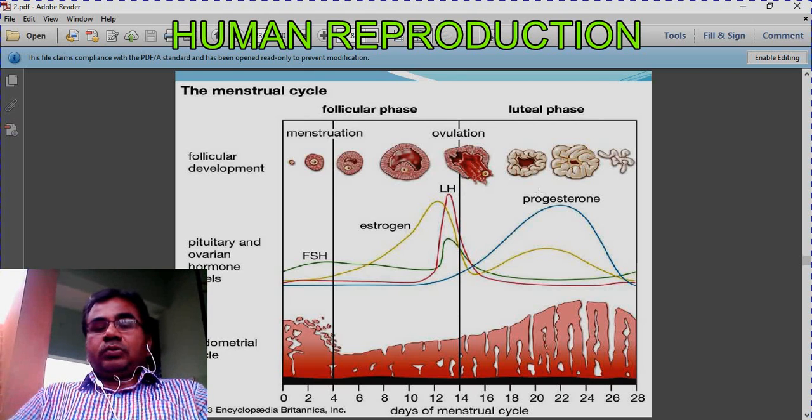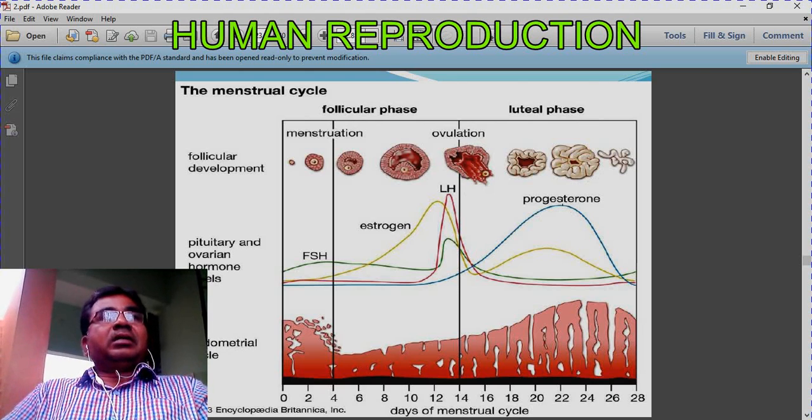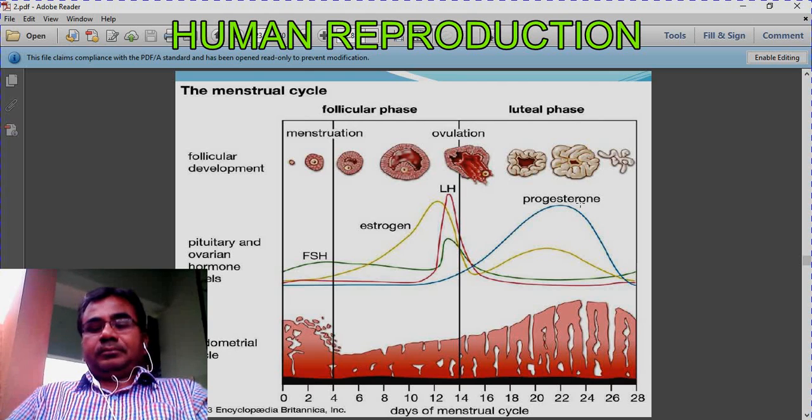And also in the luteal phase, the concentration of progesterone will be more. Actually, the progesterone is secreted by the corpus luteum. This is corpus luteum. Corpus luteum secretes progesterone that is vital for maintaining pregnancy.